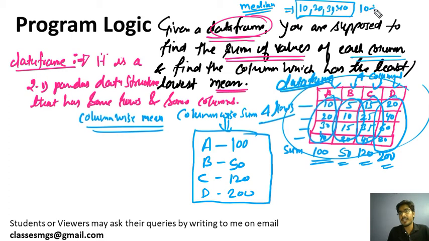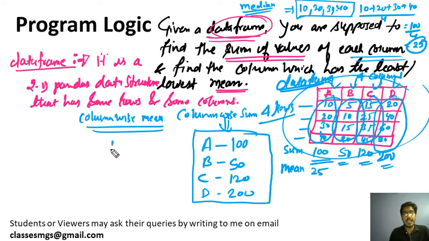So 10 plus 20 plus 30 plus 40 divided by 4. So it is 100 divided by 4. So it will be 25. So 25 is the mean of this particular column. So A column mean is 25. B column mean is what? 50 divided by 4, if we calculate, it will be around 12.5.